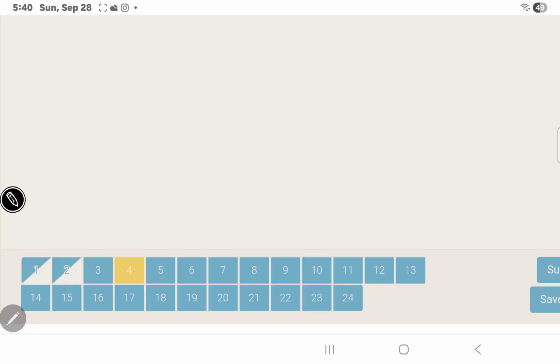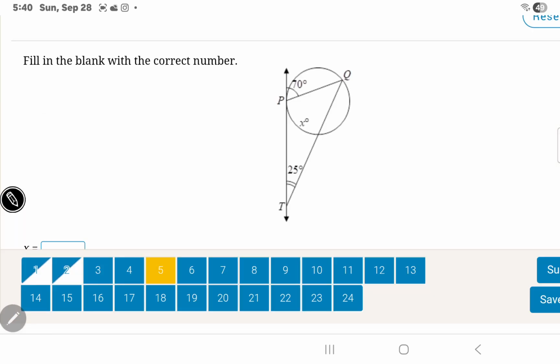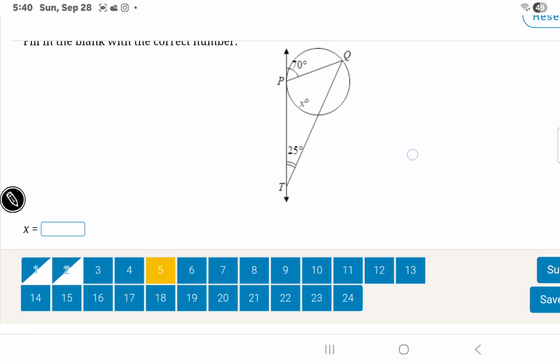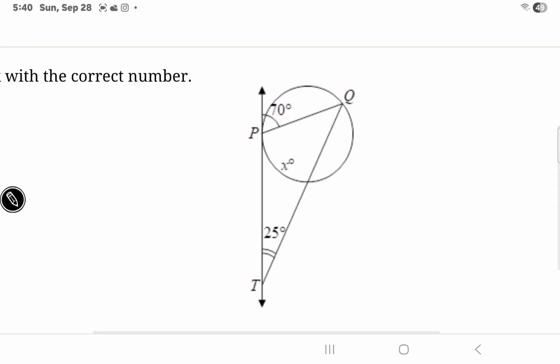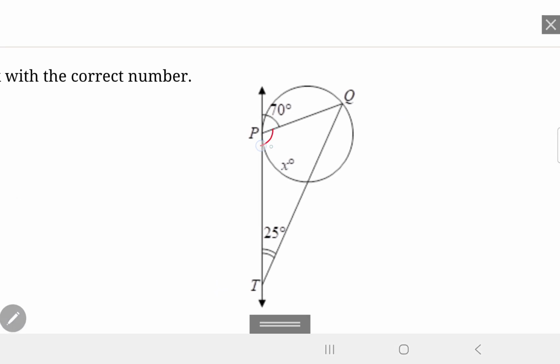Next question, number 5 now. Fill in the blank with a correct number. Okay, we want to find x. Let's see what you have to do. This angle here is 110 and this angle is 25. Sum of angles in a triangle is 180, so you can add them.